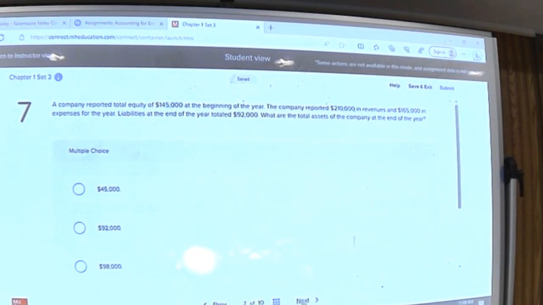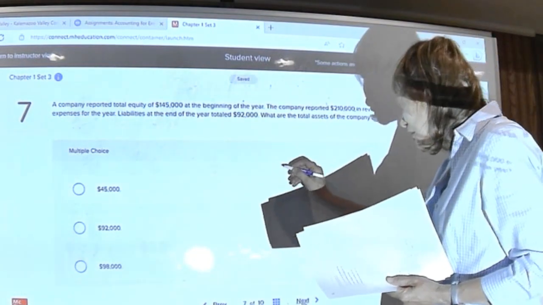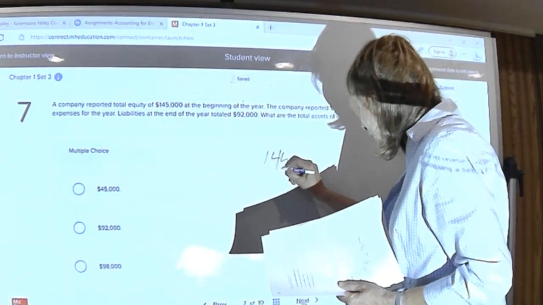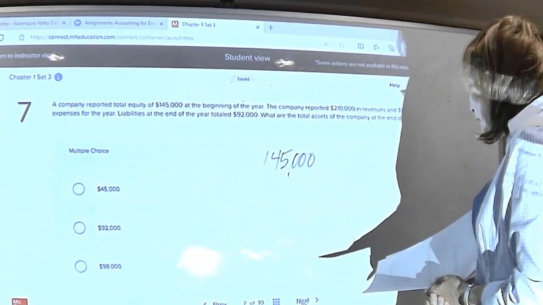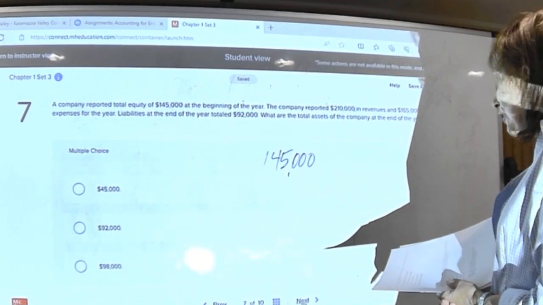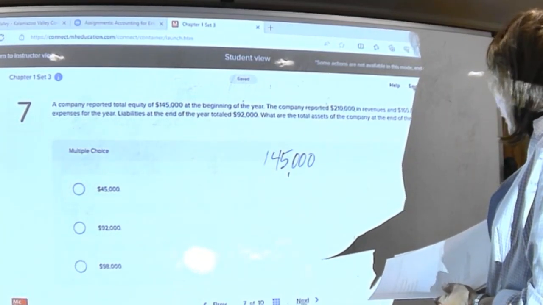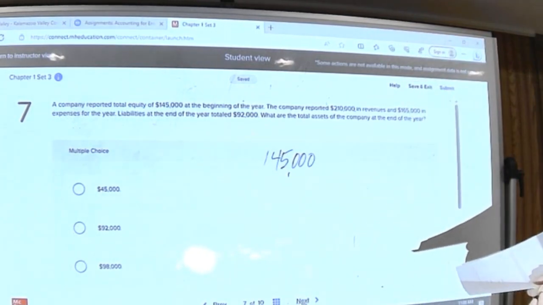Number 7, well, this company has equity of 145,000 at the start of the year, and as the year's progressing, they add income. At the end of the accounting period, they have experienced 210,000 in revenue and 165,000 in expense.